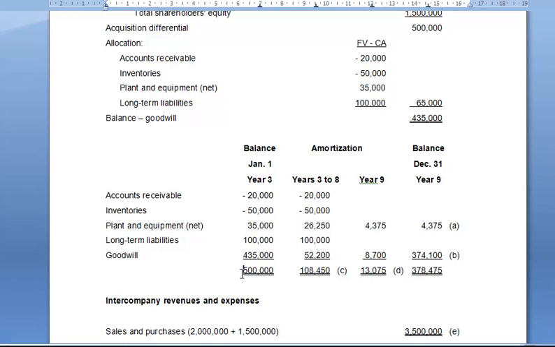So of the original 500,000 in acquisition differential, we've allocated 108,450 to years 3 to 8, 13,075 to year 9. How do we know? Because the question told us that throughout the period of time that we recognized the goodwill, goodwill impairment tests resulted in losses of 52,200 in year 4, which falls into this period, and 8,700 in year 9.